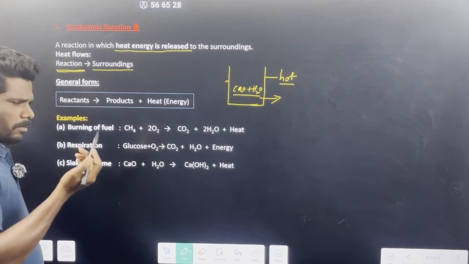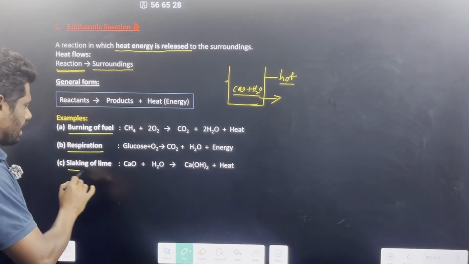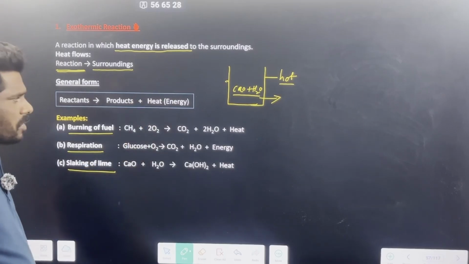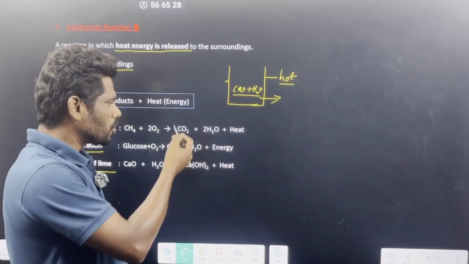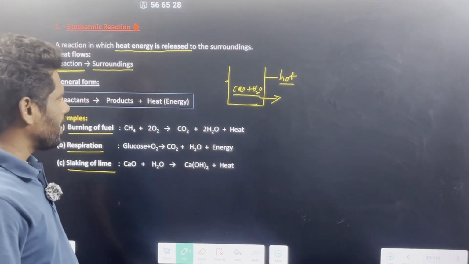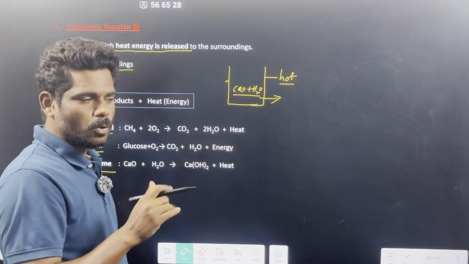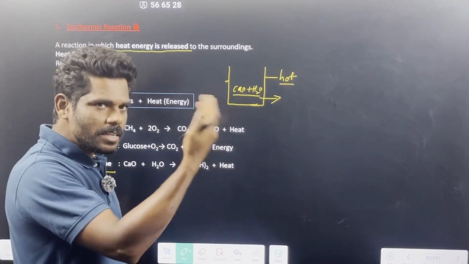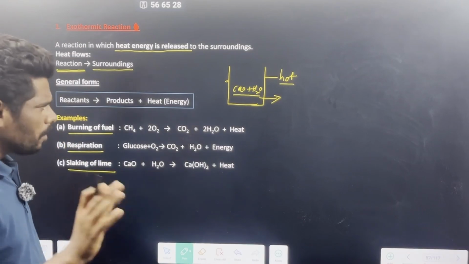Better examples: burning of fuels, the respiration process, slaking of lime, as we have seen there. These are the best examples, most common examples for exothermic reactions. If we recall why the heat is generated, why the energy is released in an exothermic reaction? It's very simple.